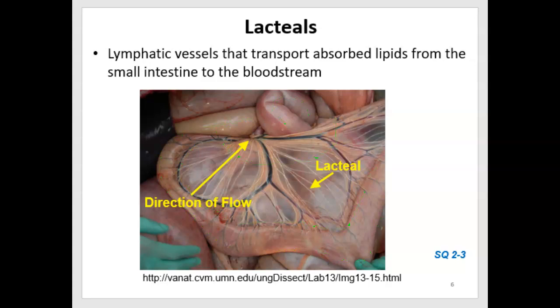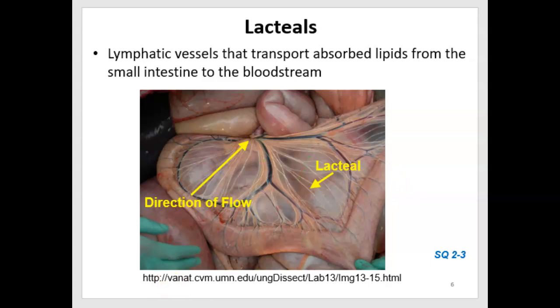And within the mesentery are blood vessels. They're dark because they're carrying blood. And the lacteals look yellow or white because of the presence of lipids. Now, flow in lymphatic vessels, or the flow of lymph, is just in one direction.